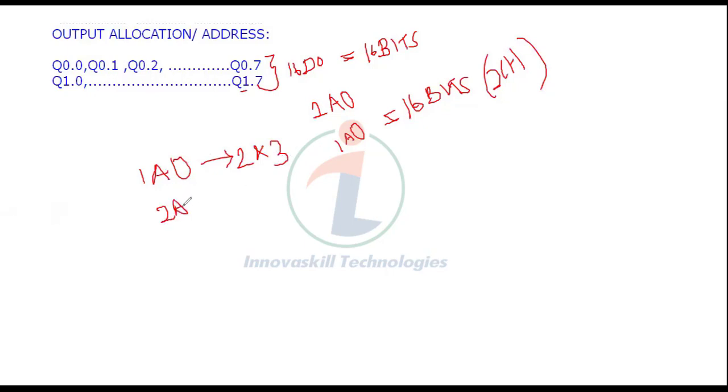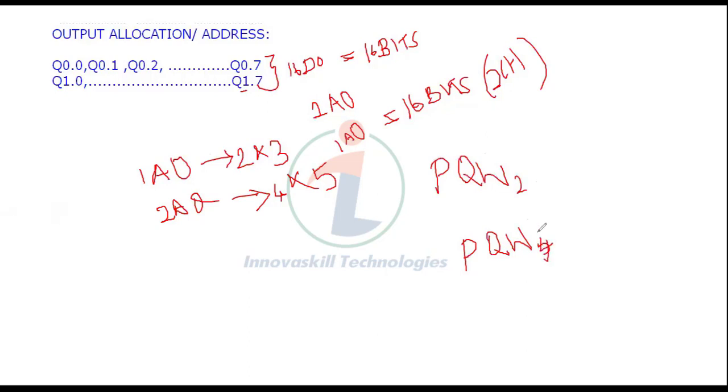The second analog output takes channel number 4 and channel number 5. So the address for analog should be PQW2 and PQW4. This is how the address should be given for analog outputs.